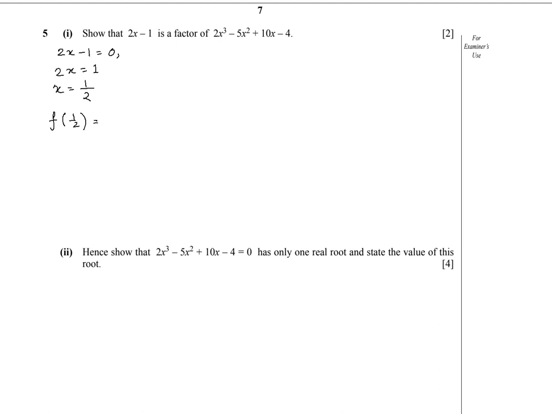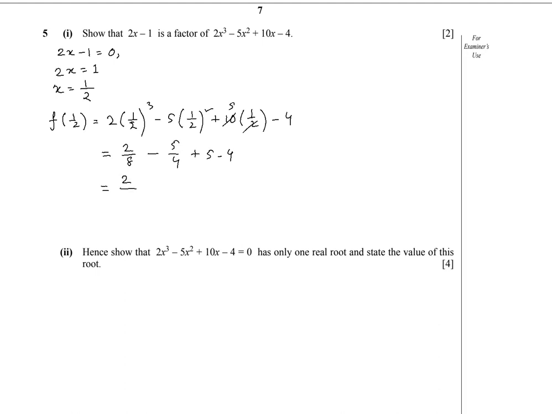Now let's put f(half). So we get 2 times half cubed minus 5 times half squared plus 10 times half minus 4. In the next line we can write 2 over 8 minus 5 over 4. 10 divided by 2 gives us 5, so we can write plus 5 minus 4.